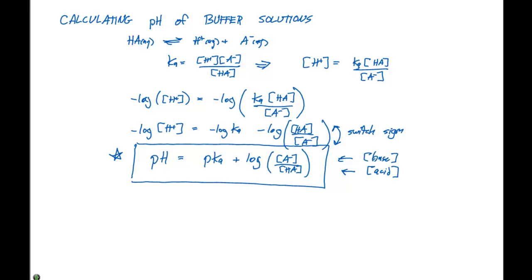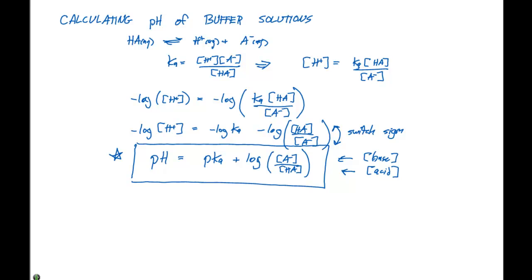So we can also use this involving weak base expressions, and we sometimes won't have an A minus over HA in that case. But you typically see this written this way, and the pH is going to equal the pKa plus the log of the concentration of the base divided by the concentration of the acid.